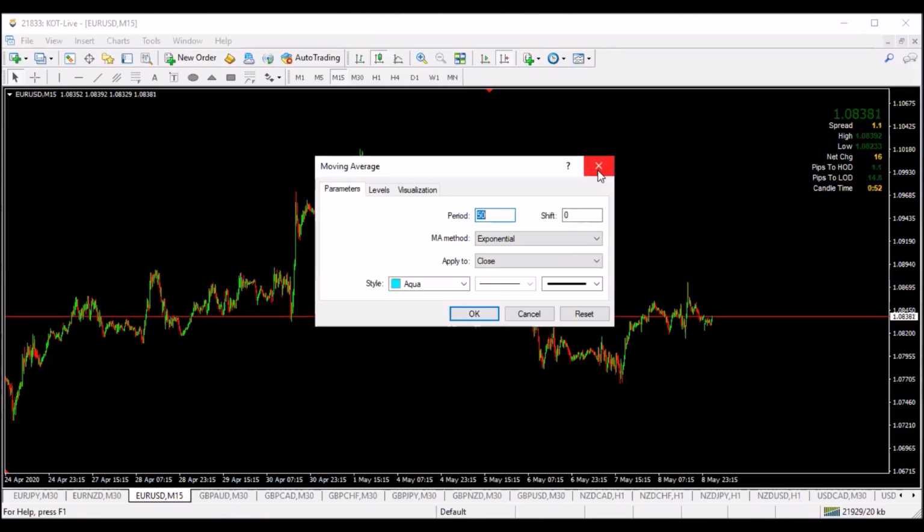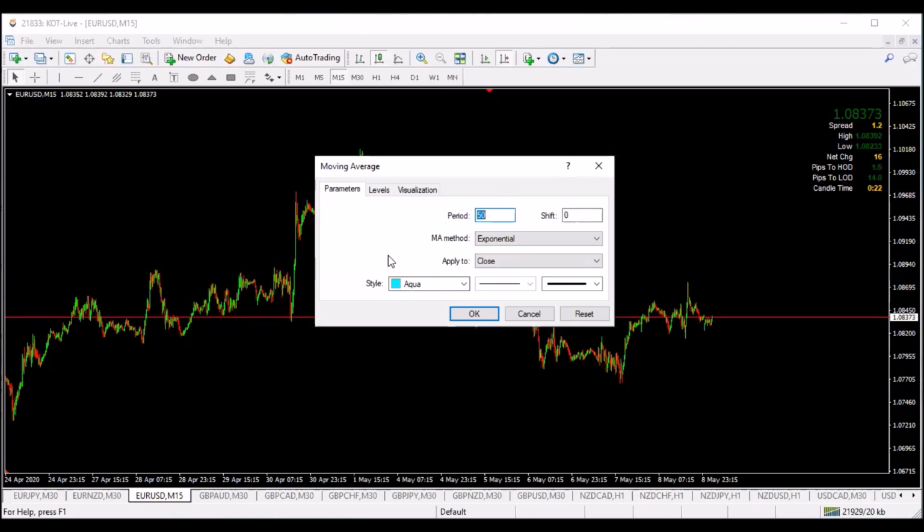So when a trade comes through, you'll be able to say, okay, I'm going to take that trade, I'm not going to take that trade, or I'm going to wait on that trade. So what is this? This is your moving average. The parameters: the period is 50, the shift is 0, the MA method is exponential, apply to close.